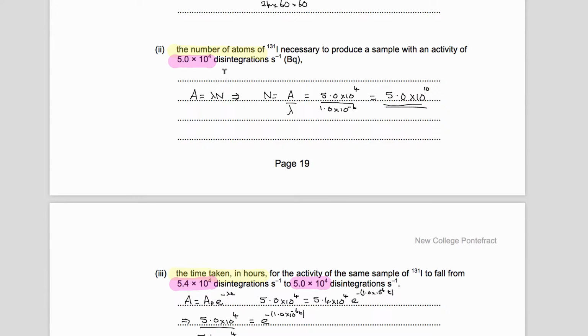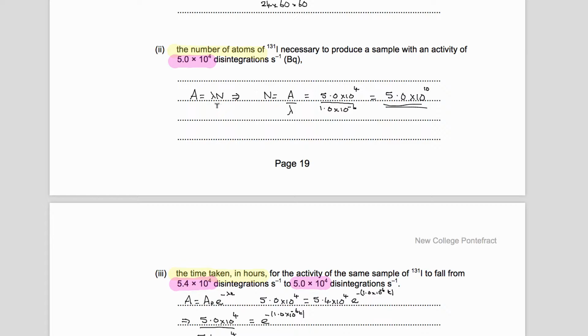In part 2, we're told about the number of these iodine atoms needed to produce a sample with an activity of this, and that's what we're asked to work out. If we're asked to work out the number of atoms and we know the activity, this is the equation we would use: the activity is equal to the decay constant times the number of nuclei.